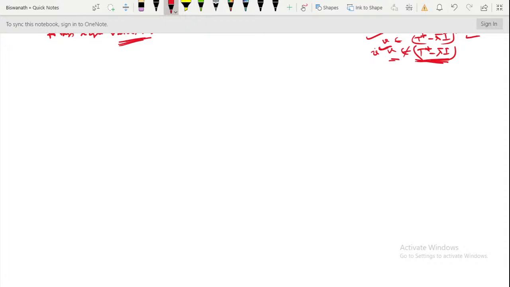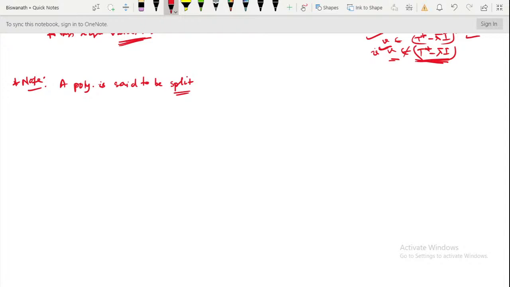Now comes another note. A polynomial is said to split. You already know this word from your group theory or from ring theory.